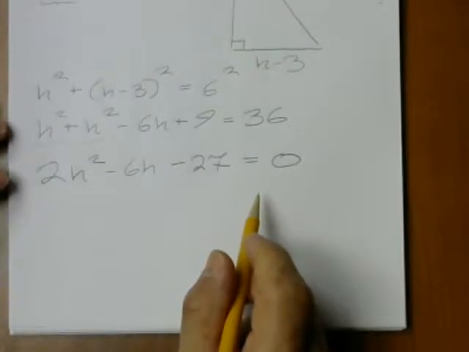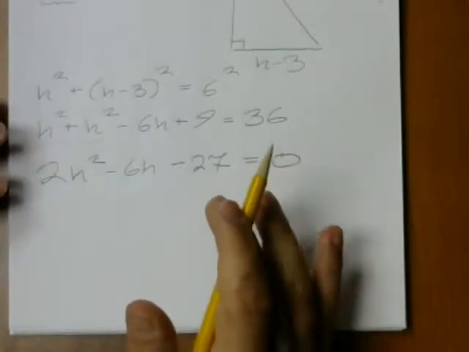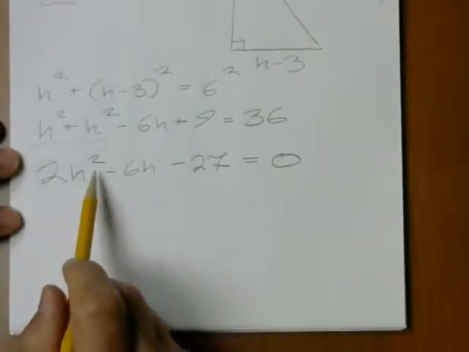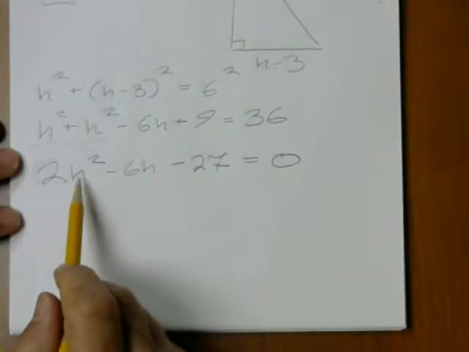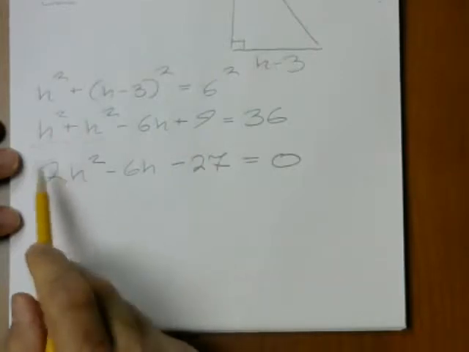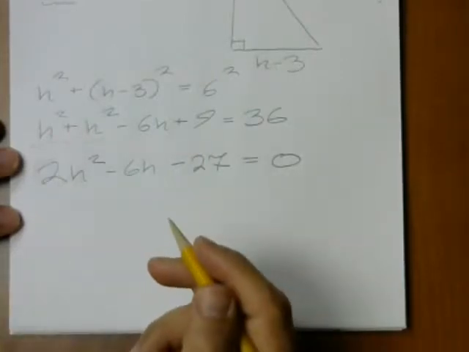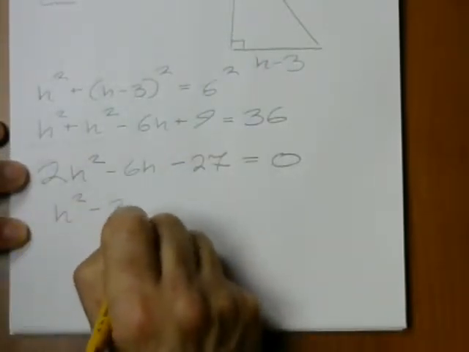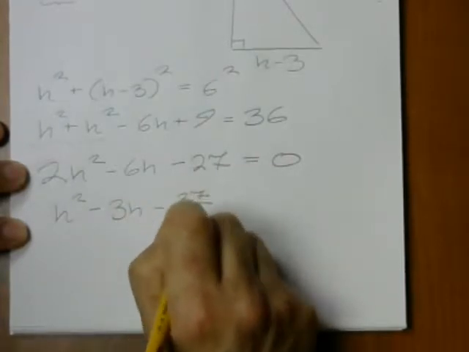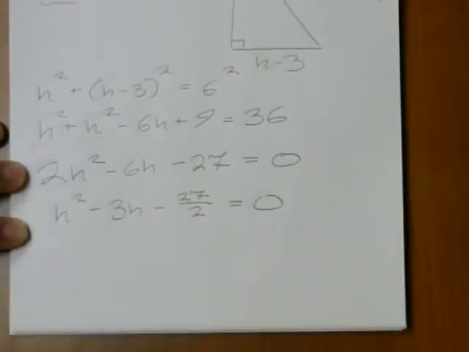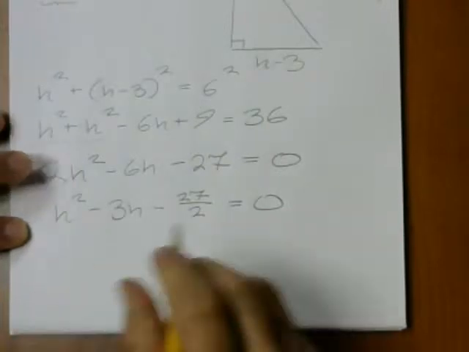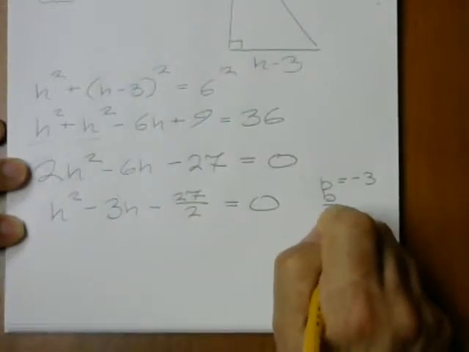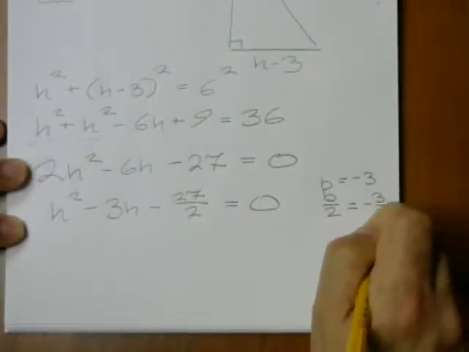Obviously, our formula works for things of the form x squared plus bx, and we have h's, but we don't even have an h squared. We have a 2h squared. So I don't have a way to complete the square with this right here, but what I could do is divide everything by 2. So that gives me h squared minus 3h minus 27 over 2 is equal to 0. And now I can complete the square. My b is negative 3. My b over 2 would be minus 3 halves.